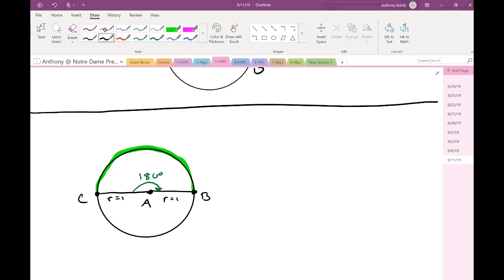So that would be the arc measure, not the arc length. It's pi. It is half the circumference of the circle. Remember that circumference is 2 pi r. So this circle has circumference of 2 pi.